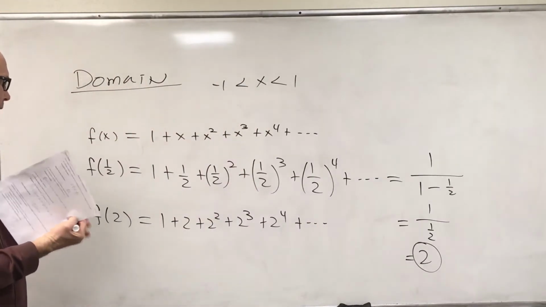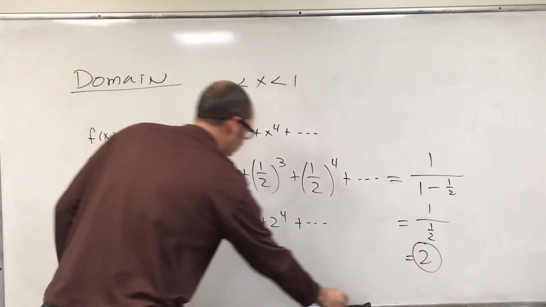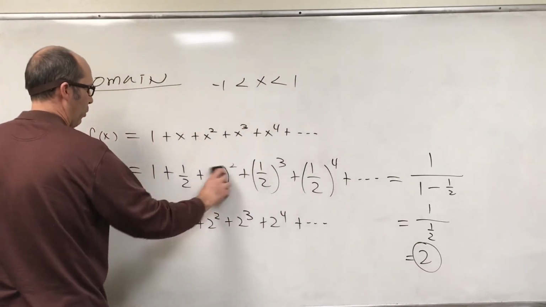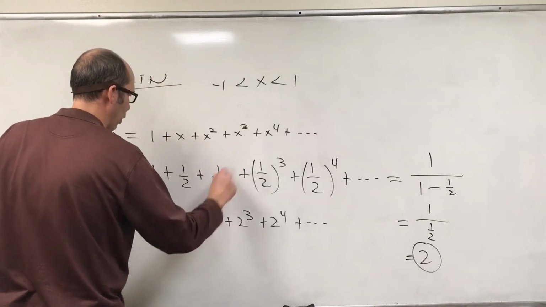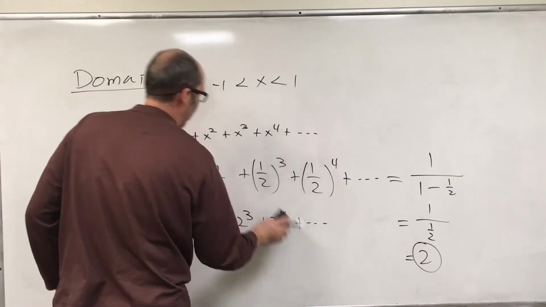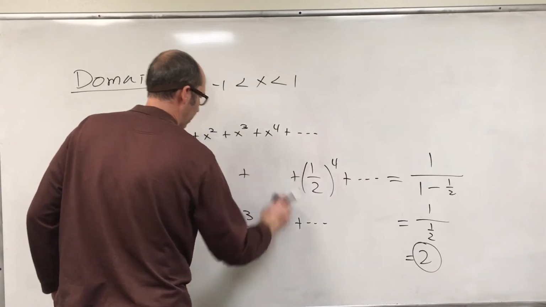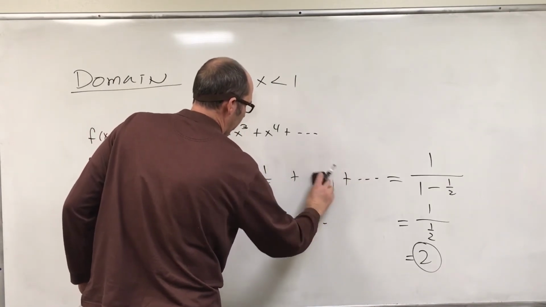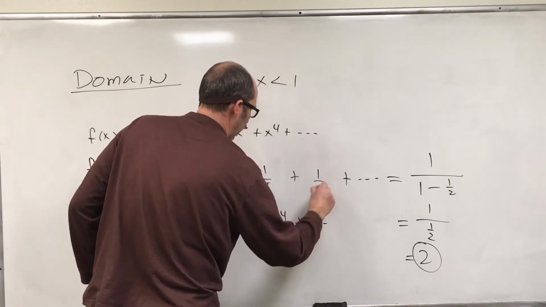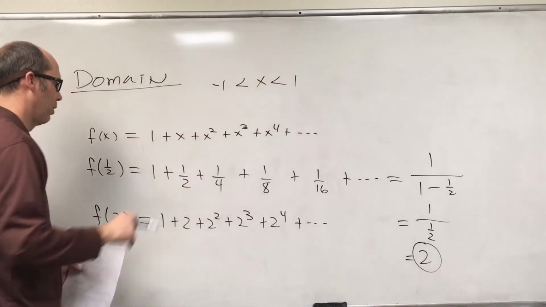Now you see what's happening here? 1/2 squared, that's 1/4. Here we have 1/8. There we have 1/16, and so on.